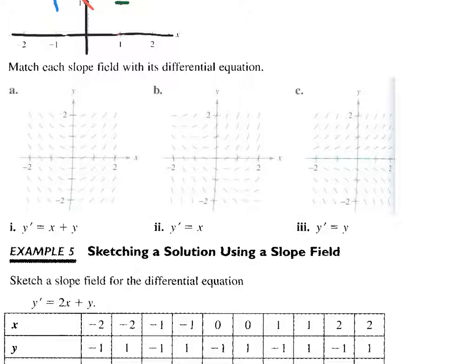Alright, so what's a key area that we could look at here on A that's going to help us? The y-axis? Okay, y-axis, what do we notice? It looks like a parabola, basically. That's right. It does look like a parabola, and if you look on the y-axis, the slope of all of those points is 0. Okay?